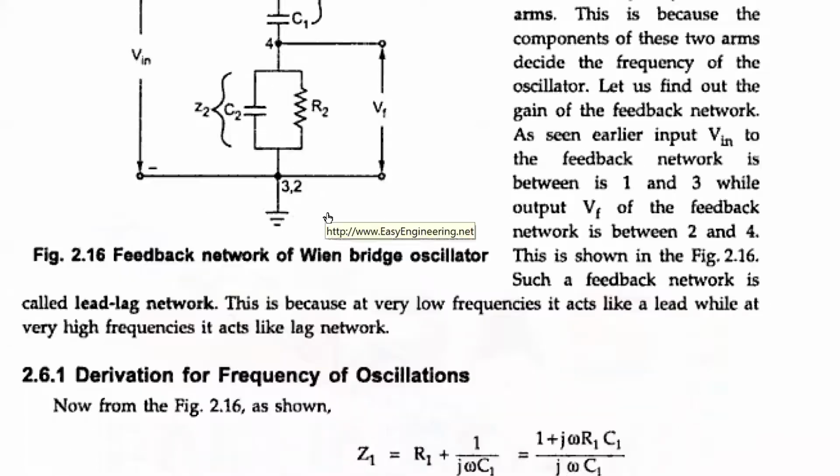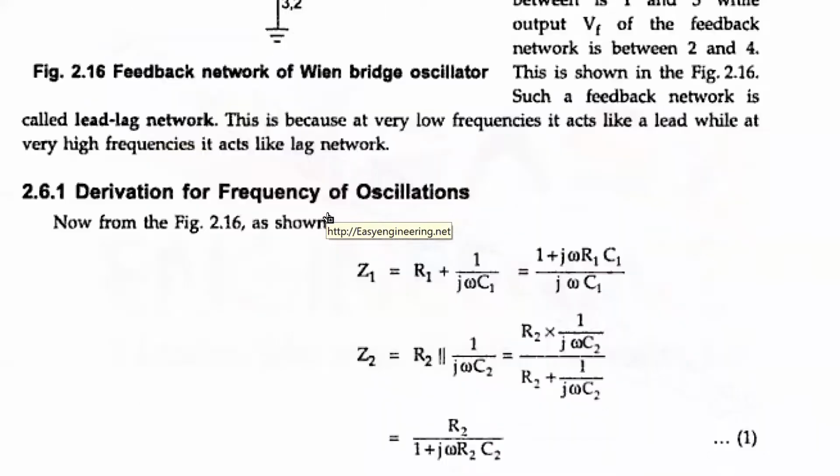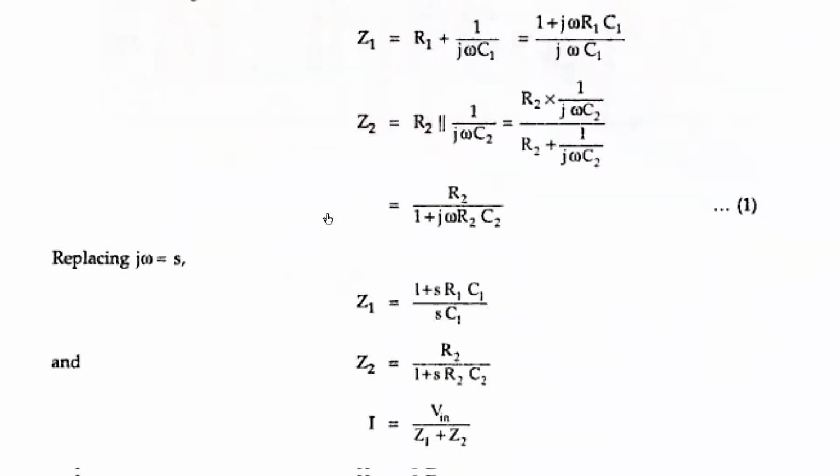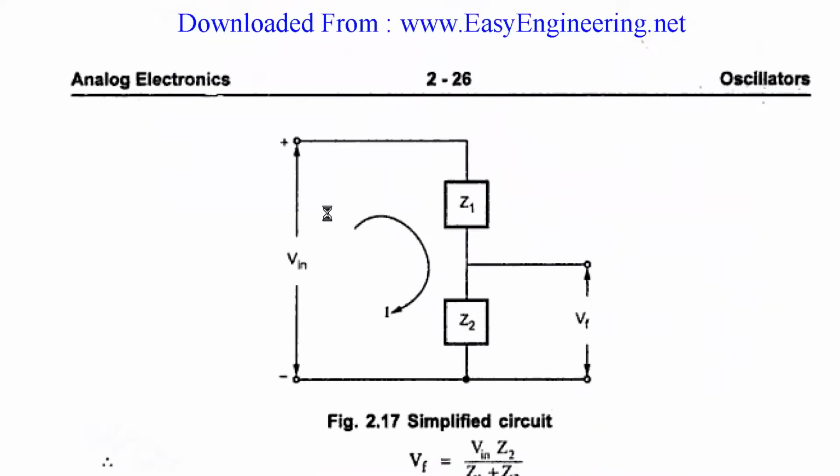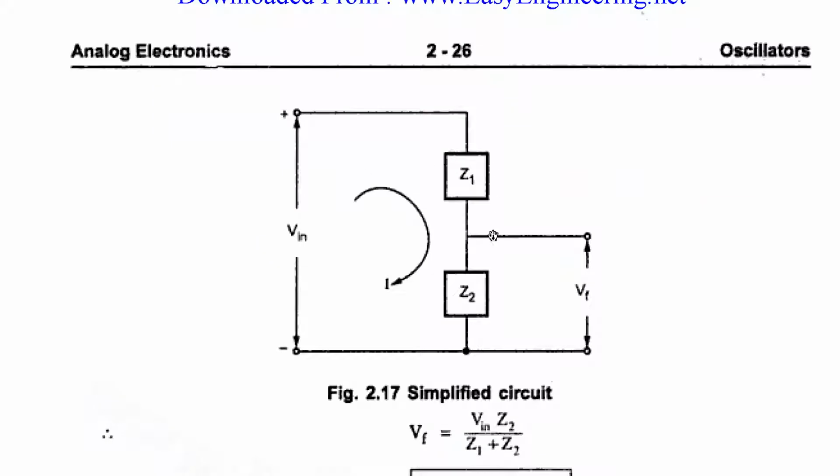So Vin, Z1, Z2, and in between Z1 and Z2 we are calling the feedback signal Vf.